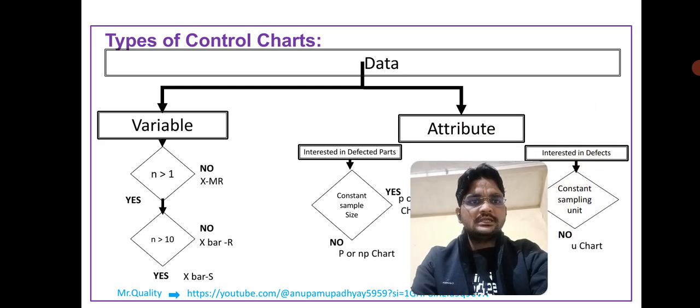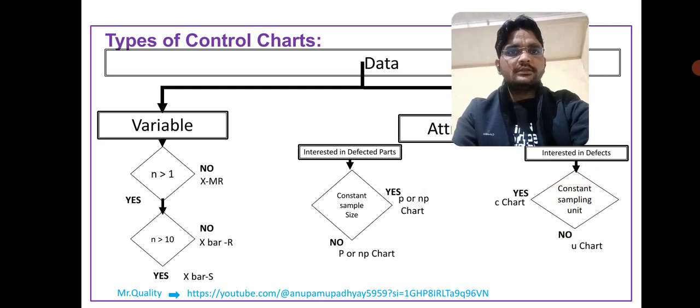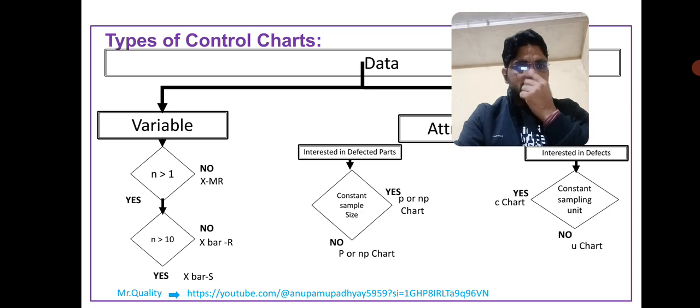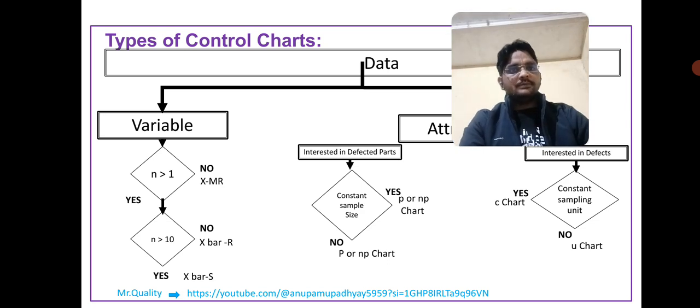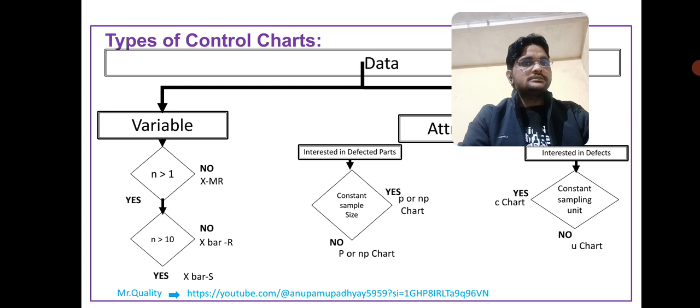This is the diagram for selecting which control chart to use. In variables, if the subgroup size is 1, then we should choose the XMR chart.